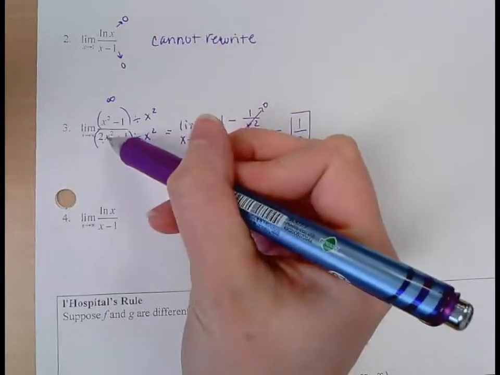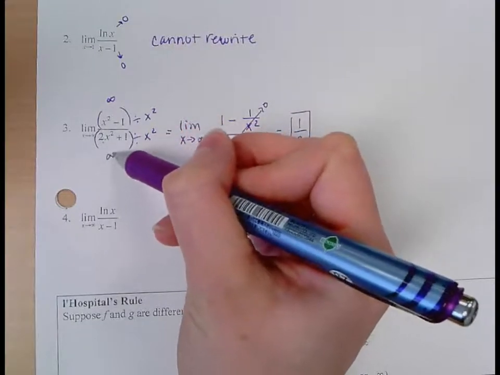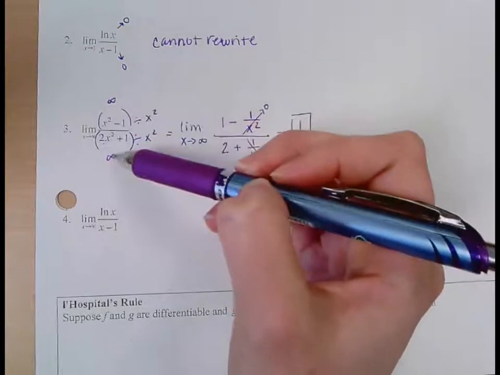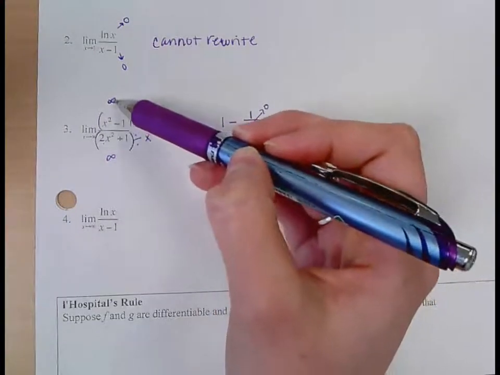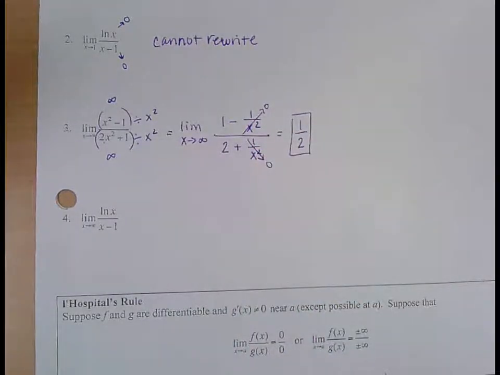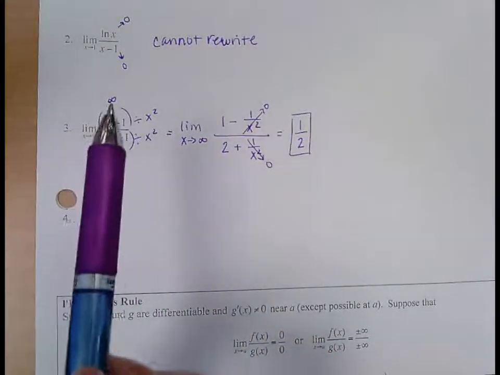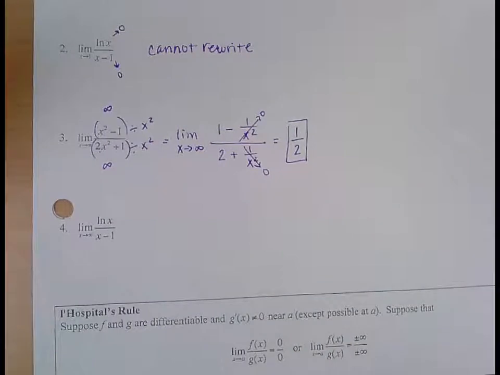On the bottom, I have a very, very large number squared times 2 plus 1. That's still very, very large. So this is a different type of indeterminate form. If you just thought of substituting in a large number, you'd have infinity over infinity. We can't say that equals 1, like if it was 3 over 3, and you can see the limit's 1/2 anyway. But that's another indeterminate form, just like 0 over 0 is indeterminate.